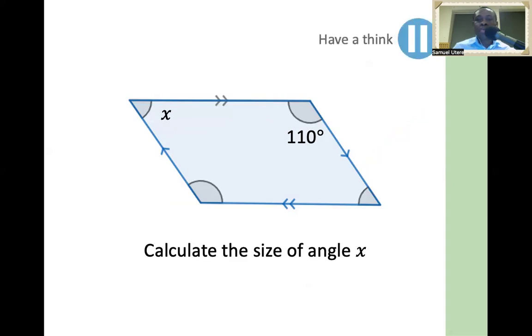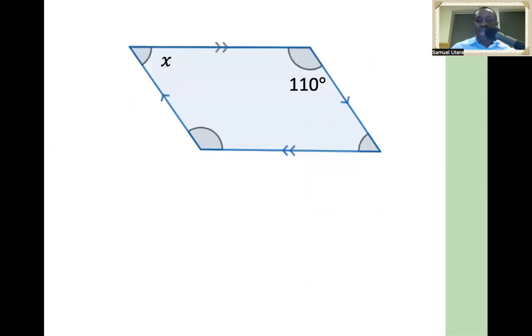Well, we have just learned the fact that opposite angles of a quadrilateral are equal. So this angle has to be 110 degrees. Now, if that angle is 110 degrees, therefore the other angle has to be X. They are opposite angles.